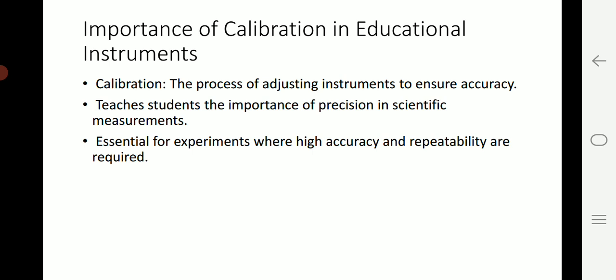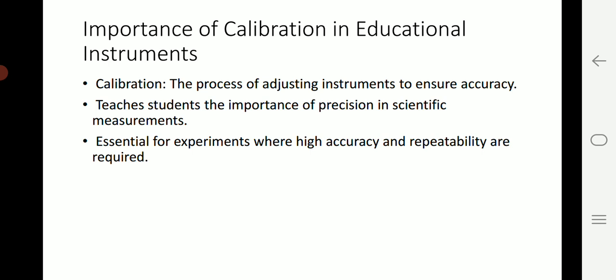In educational systems, calibration is a process of adjusting instrumentation to ensure accuracy. We have any instrument, and to get the perfect output, we need to set some settings, right?